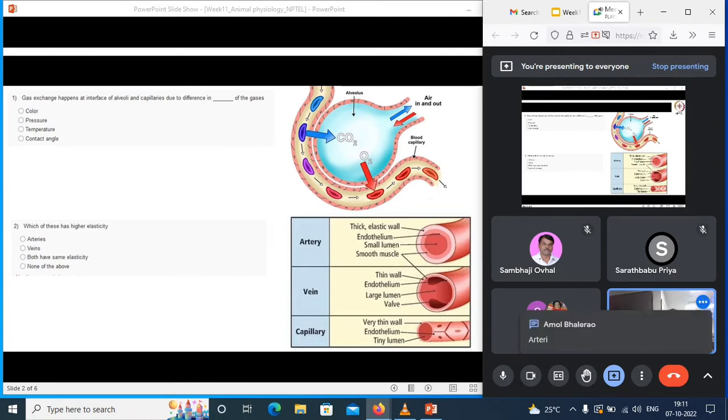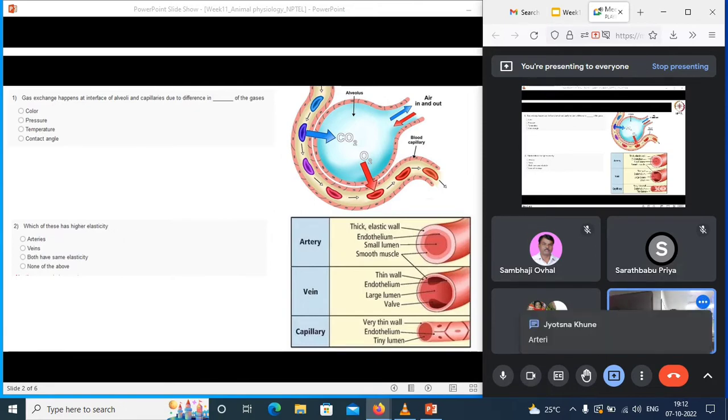Arteries, definitely. In order to sustain a lot of pressure, it needs to be thick walled. That's why there are lots of elastic connective tissues.